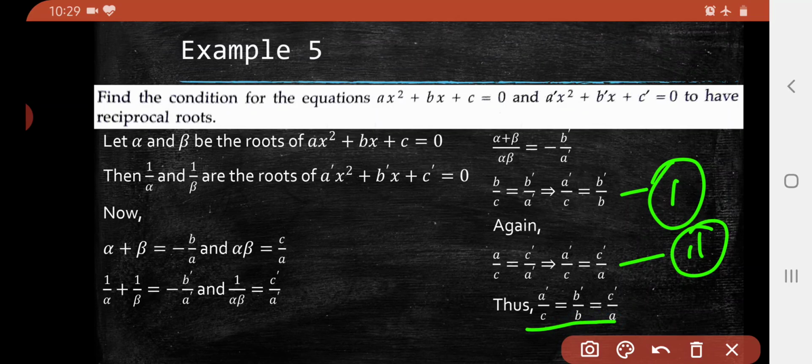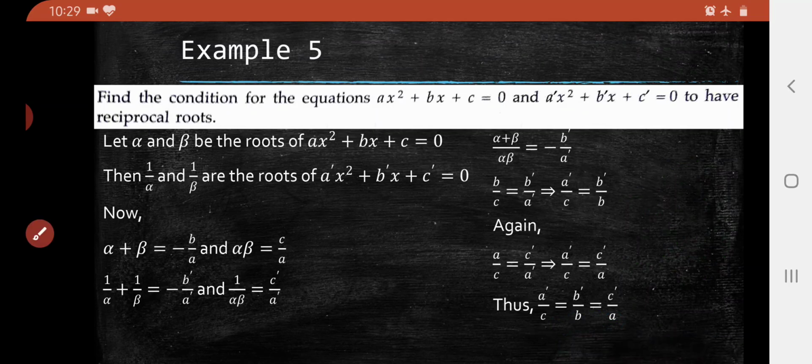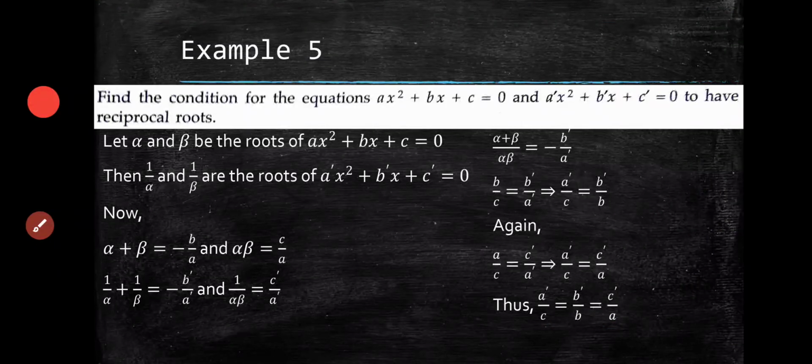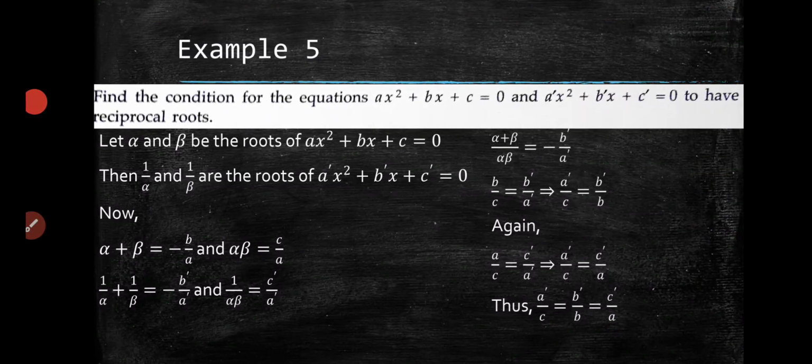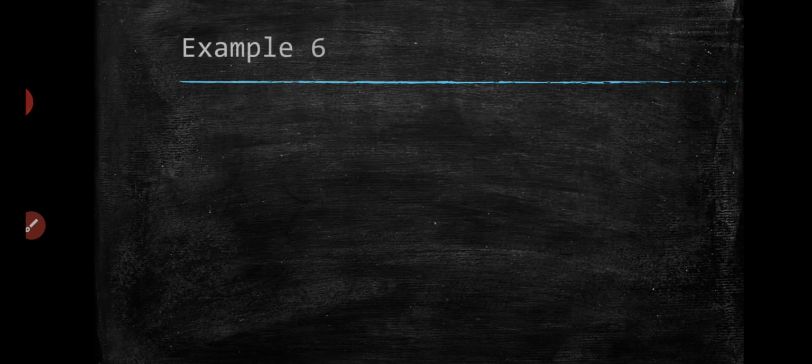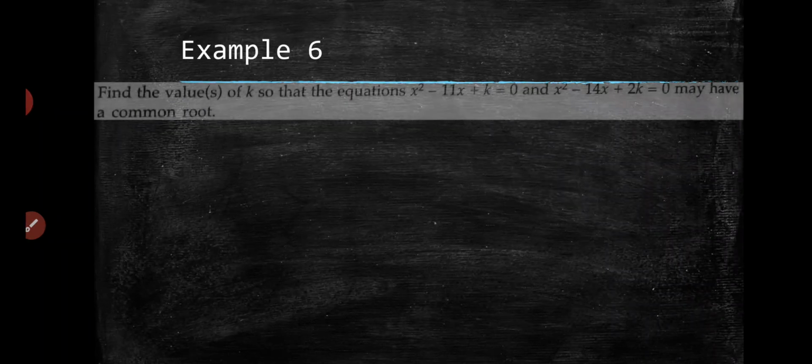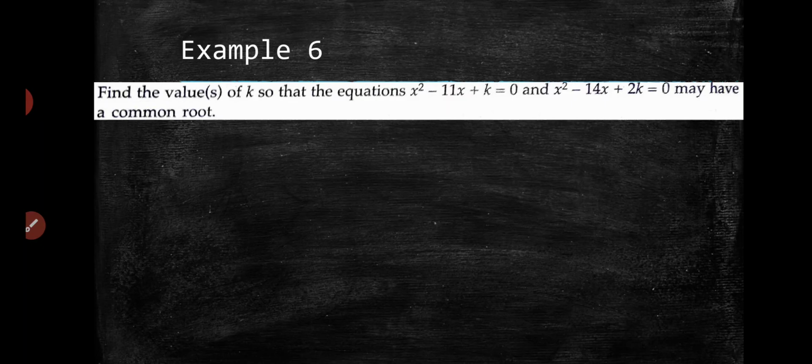Now let us move to number 6. Find the value of k so that the equation x square minus 11x plus k equals to 0 and x square minus 14x plus 2k equals to 0 may have a common root. So here I am trying to find the value of k given there is a common root.